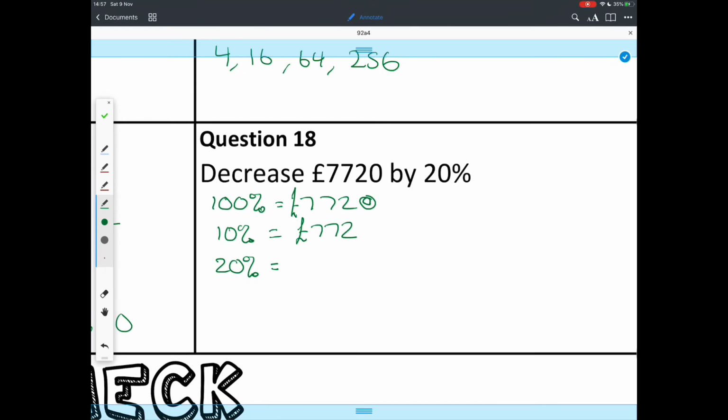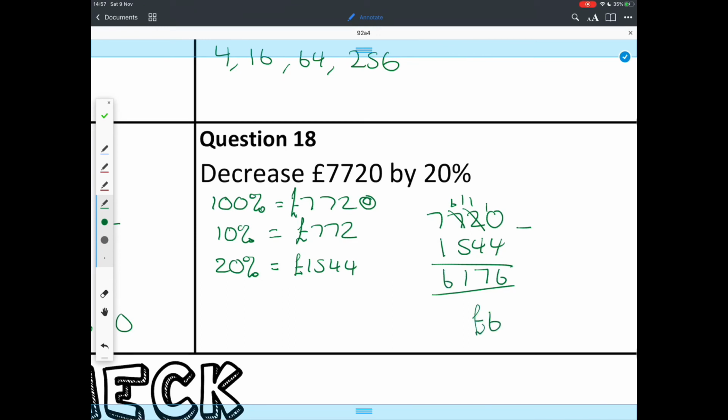Double 72 is 144. So it will be 1,544. So my question now would be 7,720 subtract 1,544, which is 6, 7, 1, 6.